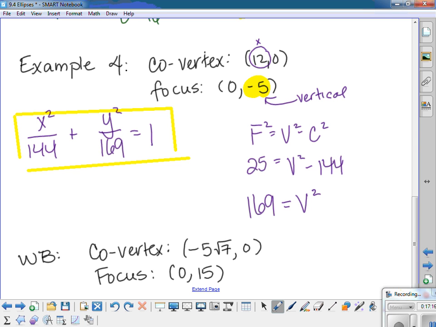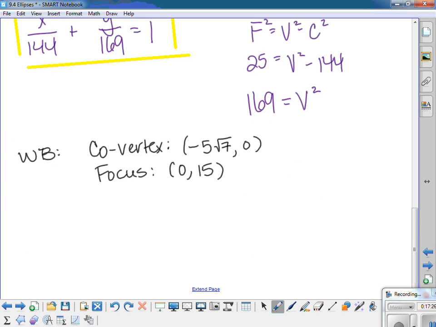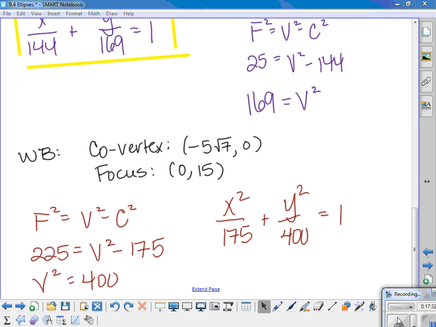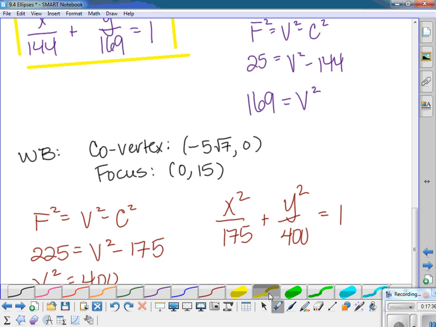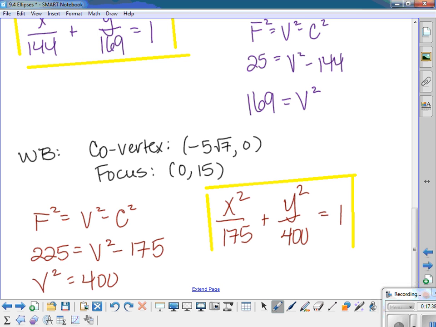All right, so we're going to have the co-vertex at negative 5 root 7, 0, and the focus at 0, 15. All right, so when you solved that one, you ended up with x squared over 175 plus y squared over 400 equals 1. Do you guys want another one to practice?